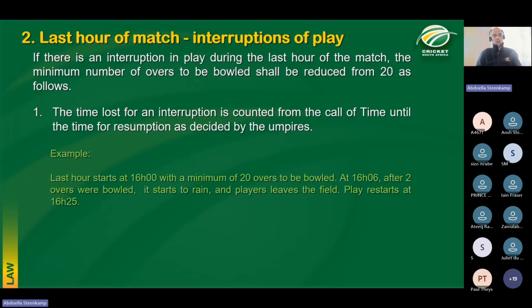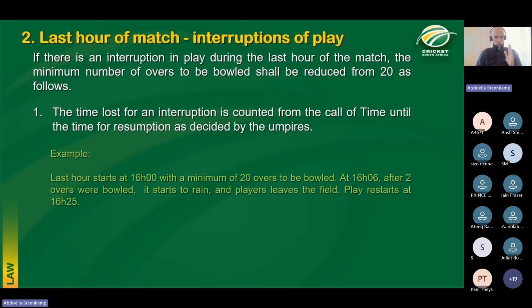So our last hour started at 4 o'clock, and we know a minimum of 20 overs needs to be bowled. At 6 minutes past 4, after the fielding side has bowled 2 overs, it starts to rain and the players leave the field. It's a quick interruption. The umpires then decide that play can restart at 16:25.